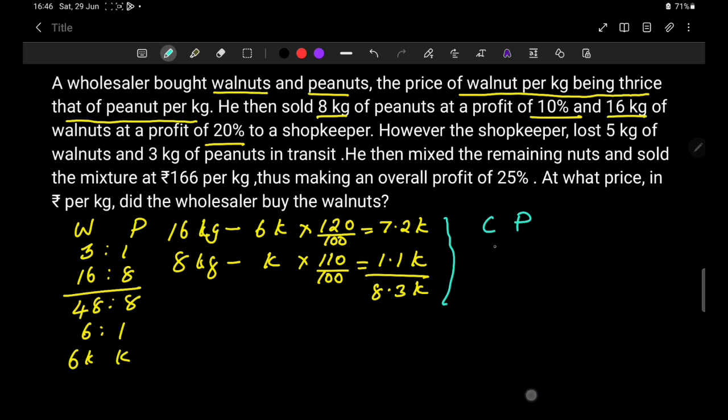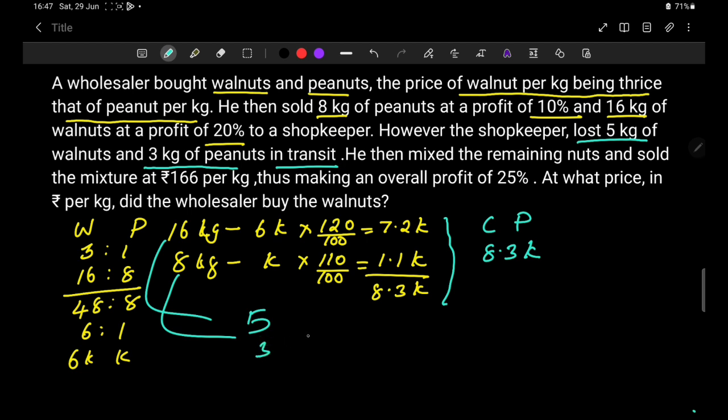Therefore, total cost price for 16 kilogram walnut and 8 kilogram peanut is 8.3k. But the shopkeeper lost 5 kilogram of walnut and 3 kilogram of peanut in transit.